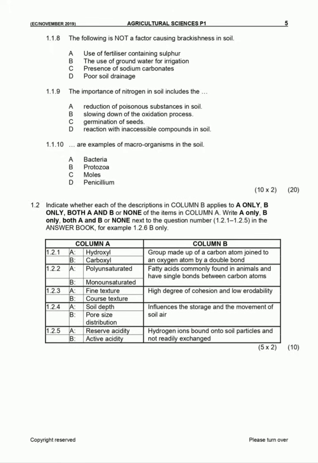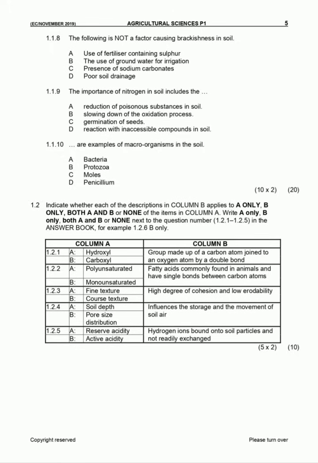Then 1.1.10, blank are the examples of microorganisms in the soil. Microorganisms refer to organisms that we cannot see with our naked eye. So obviously with bacteria we cannot see that with our naked eye, but protozoa, well, can you see protozoa, guys?